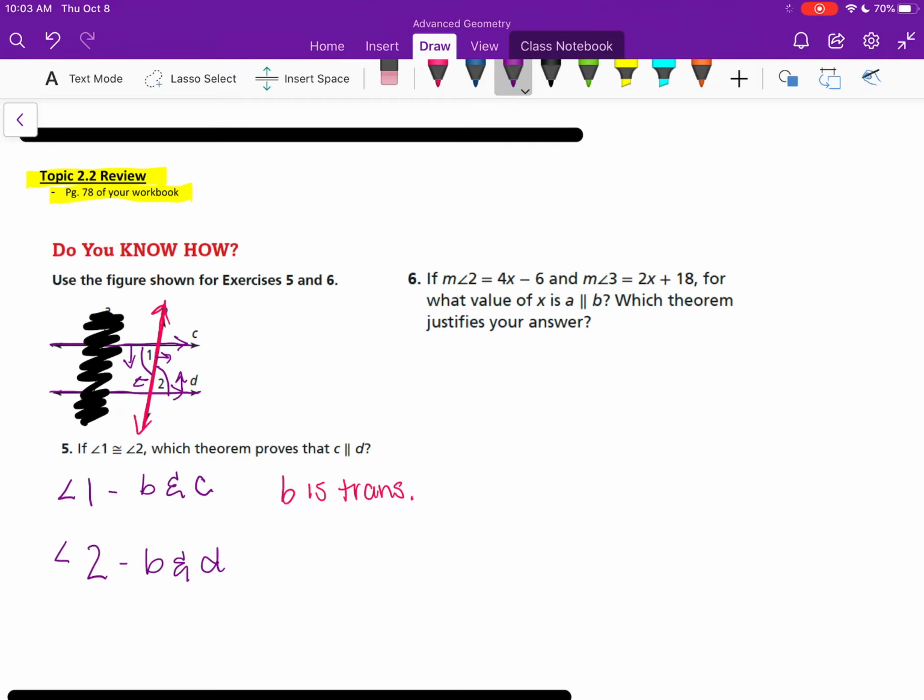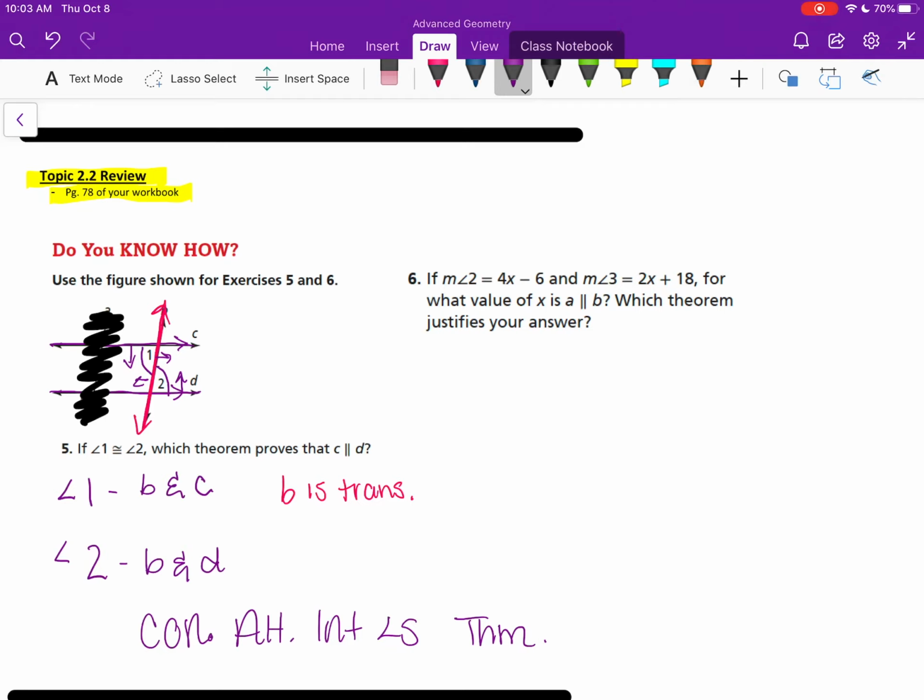So the theorem that proves this is the converse of the alternate interior angles theorem. We do have to state that it's the converse that proves that the lines are parallel, because when we're proving lines are parallel, we're talking about the converse of those angle relationship theorems.